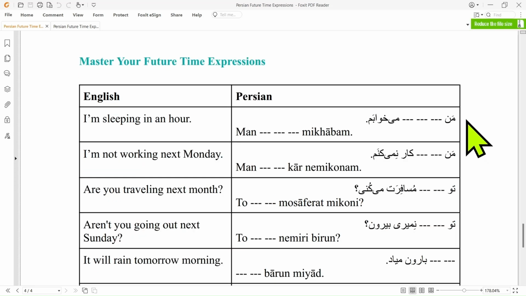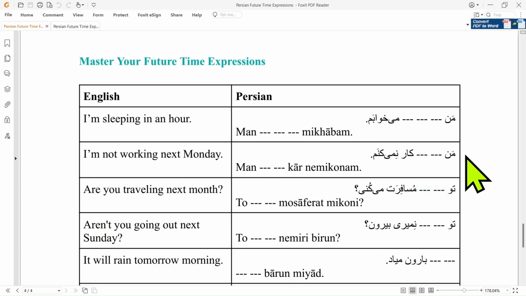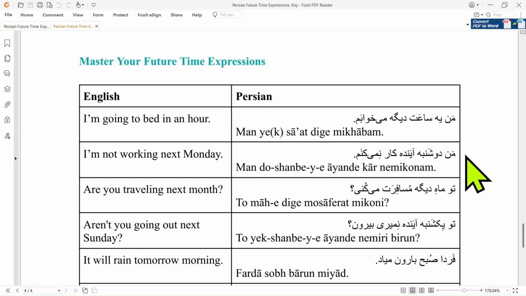Let's practice. Take a look at the sentences and tell me how we can say I'm going to bed in an hour. من یه ساعت دیگه میخوابم. I'm not working next Monday. من دوشنبه آینده کار نمی کنم.